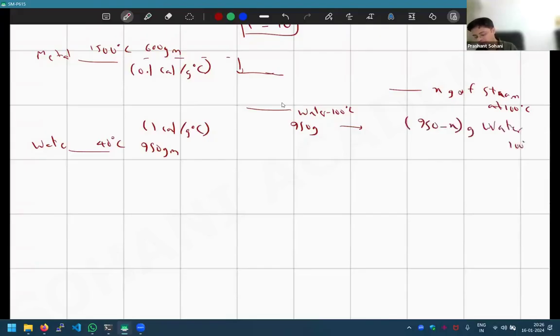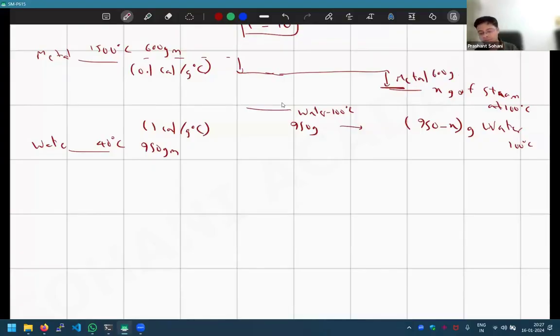They are both at 100 degrees and the metal has also cooled down to 100. So when you say the system is at equilibrium, everything is at the same temperature. So all three, metal, steam and water, are at 100 degrees.